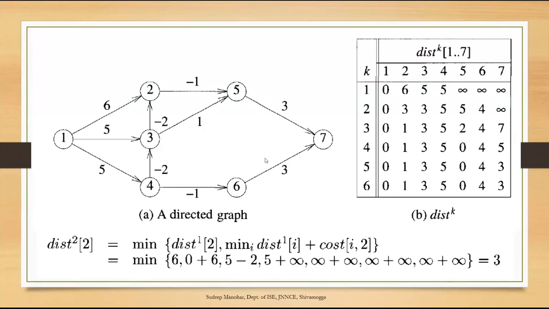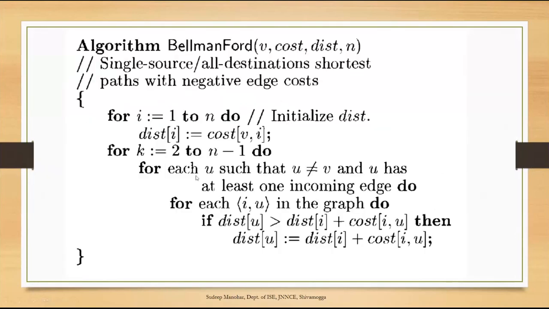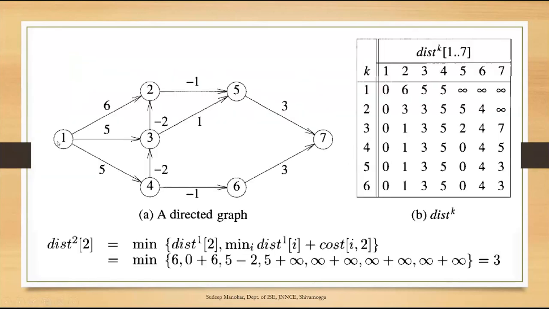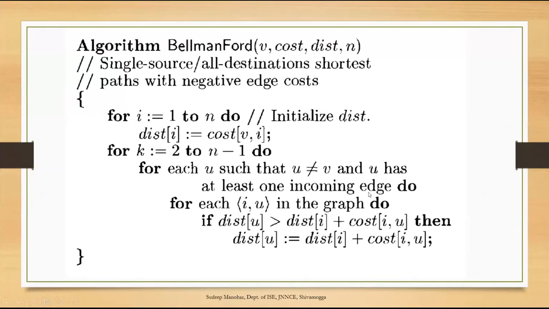So how do we calculate the distance for each column? For each u such that u is not equal to v, that means u should not be the source vertex, so that is why we are not considering it for calculation. 1 is always set to 0. And u has at least one incoming edge, that means we are identifying the vertices from which there is an incoming edge.